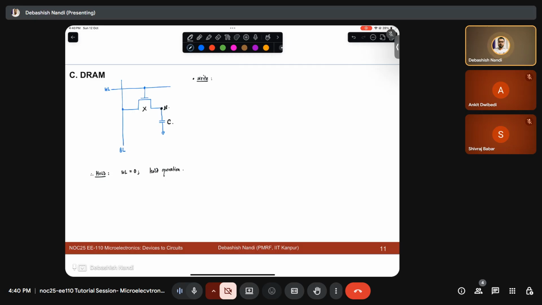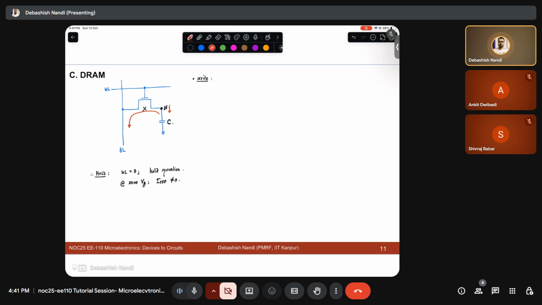But what is the catch here? The catch is that even at 0 VG, I of is not equal to 0. So some leakage current will flow, which will discharge this capacitance, or decrease the value of the node. So that creates an issue.